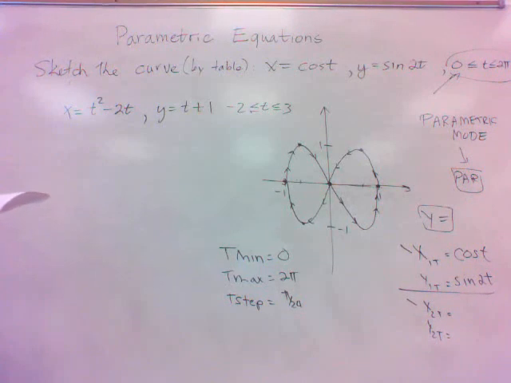And to get the exact match, we want t min negative 2, t max positive 3. T step, leave it there. Oh, we'll have to change our window, won't we? X max needs to be maybe 10. No, it needs to be a little higher. Oh, y max, y max.